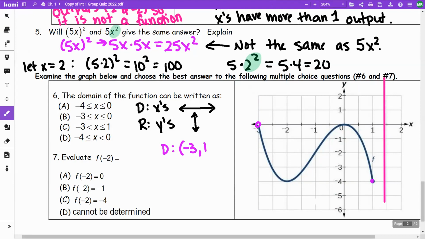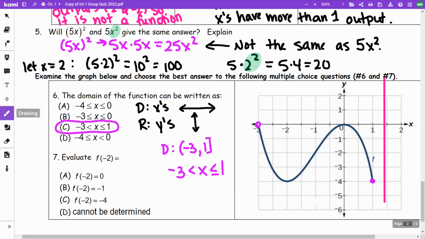And because that's a closed circle here, I do a square bracket. Now, what does that mean in terms of an inequality? Start with your smaller number, -3, strictly less than because it's open. That means it doesn't include that. X less than or equal to 1 because it is closed and it does include the 1. And so you'll see that that is answer C.